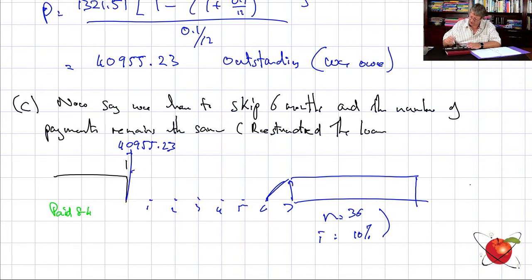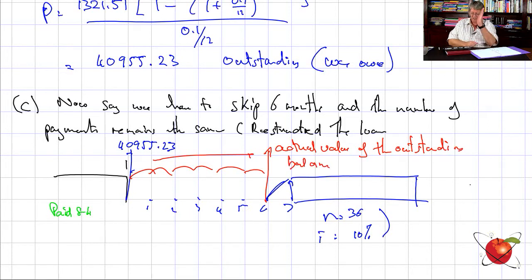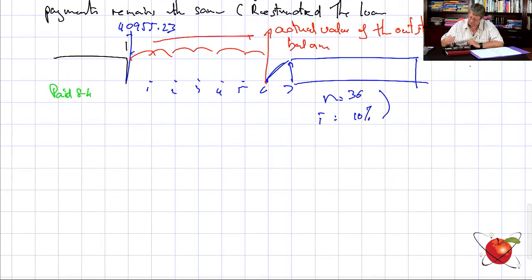But I've now changed the game, because I now have to get to here, because this is what we now owe. This is now the actual value of the outstanding money. Because I owed 40955.23 six months ago, now I've got to apply interest over that period.